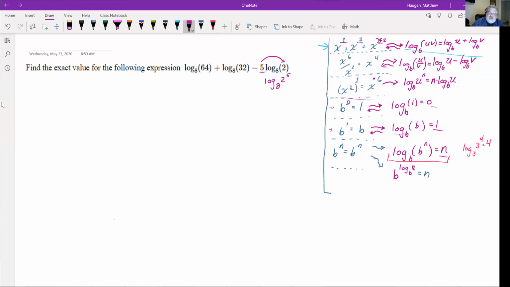We could go through a proof. Say if we had x to the a to the n, and we wanted to show what it's equal to.